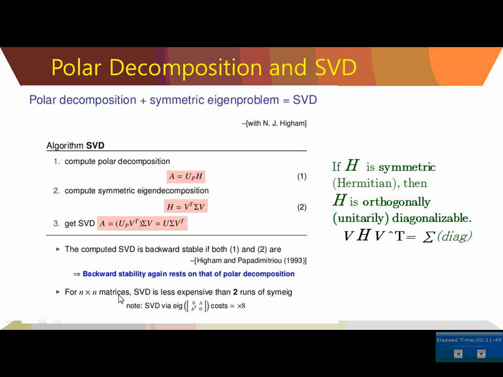For an n by n matrix, this is less expensive than the usual symmetric eigenvalue problem. From this numerical verification, we found it is more effective to find the singular value decomposition using polar decomposition.